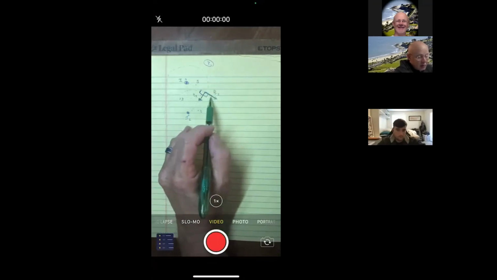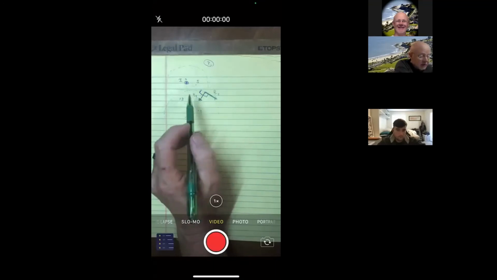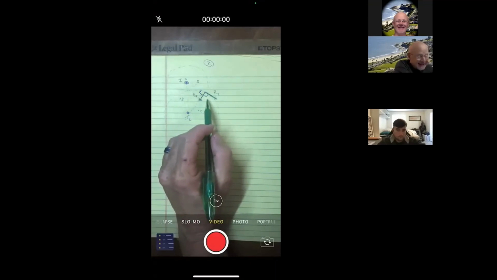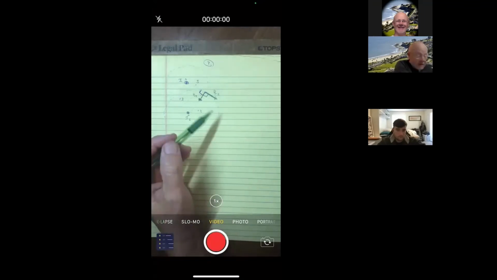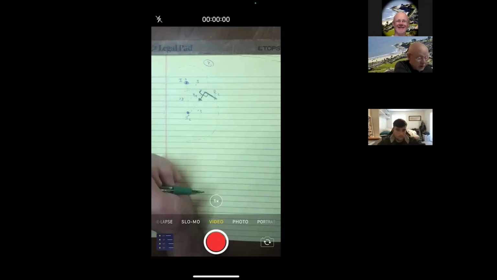And so this would be like an x-axis and a y-axis. And so when you add an x-axis and a y-axis together, the x squared plus the y squared is the hypotenuse squared. So that's the approach I'm going to take.